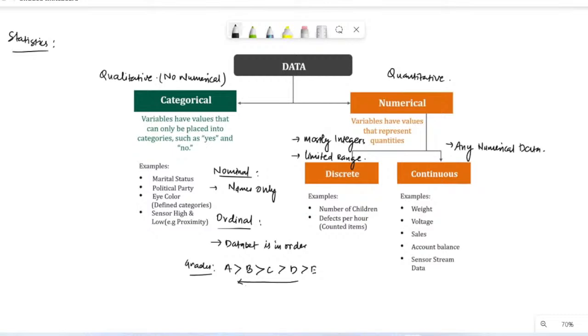If you have got the grades, they can be arranged or ordered in this way. What could be the other example for this ordinal type of data? Post in jobs, job postings, job designation.